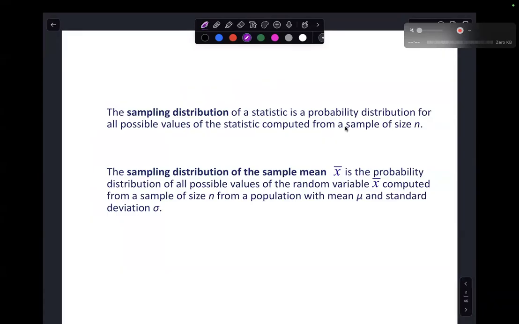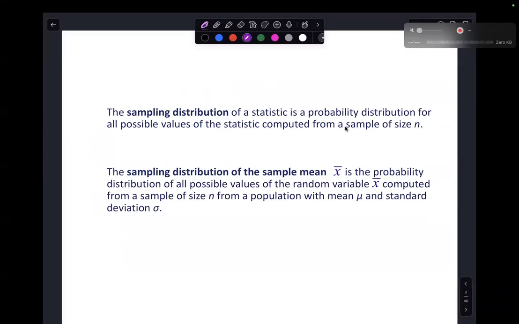So when I'm looking at the sampling distribution of a sample mean, for each one of those samples, I find the mean. Every single one of those samples, I would take the mean. And all of those means would be my new population.